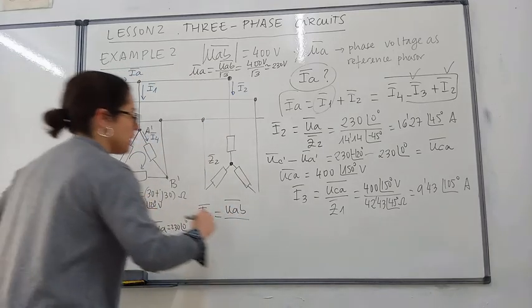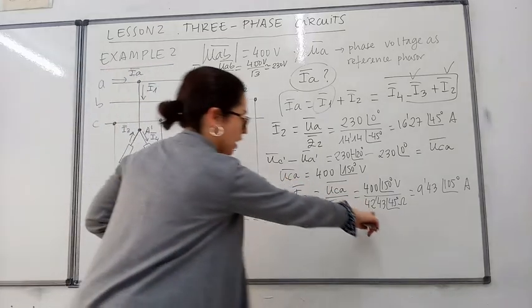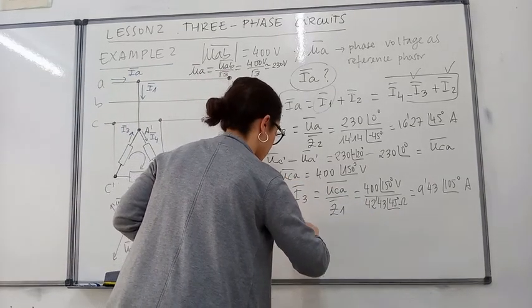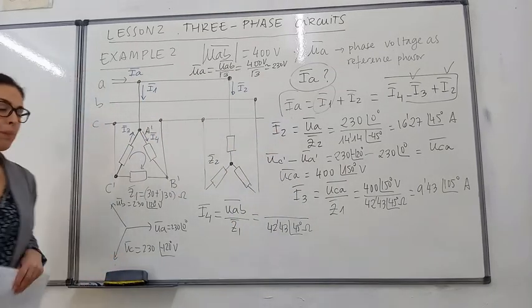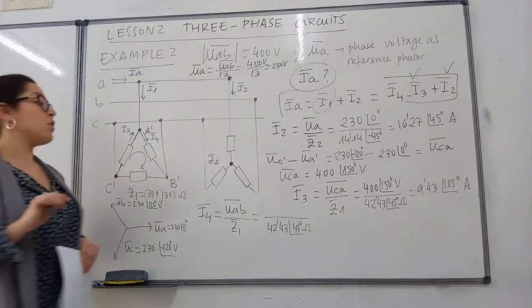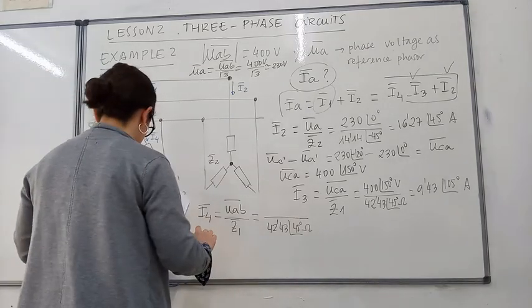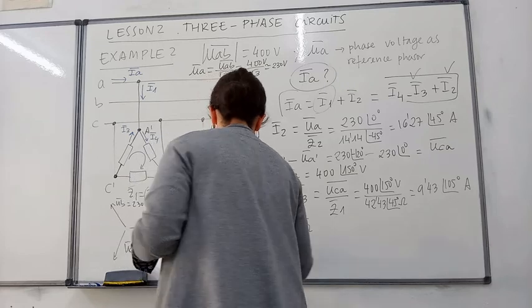And that should be divided by impedance. Well, we have already changed the impedance to polar form. So this is the impedance. And now, what is the value for UAB? Well, that would be the difference between UA and UB.